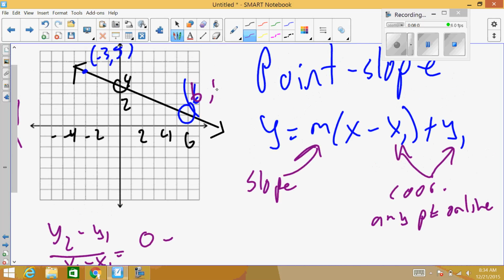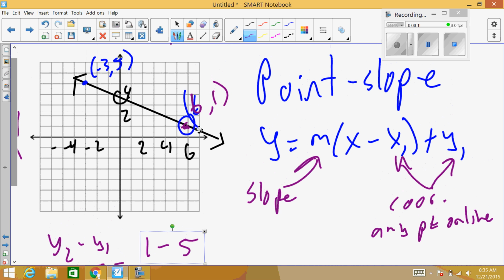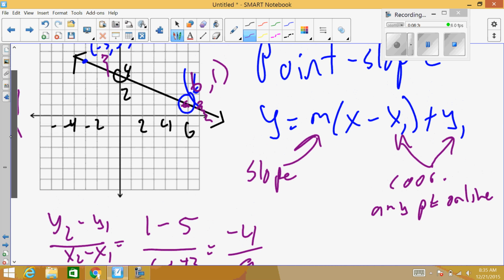I need to fix that. (6, 1) looks better because we're one above the x-axis. So let's fix this down here. 1 minus 5 over our x value, 6 minus negative 3. Negative 4 over 9.